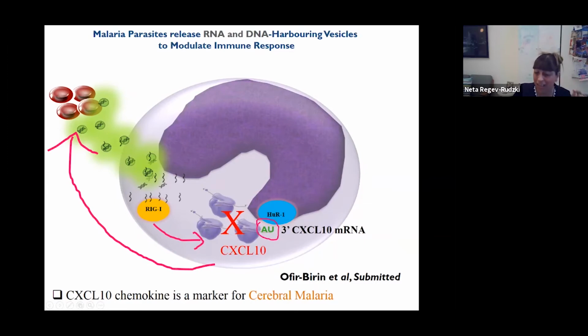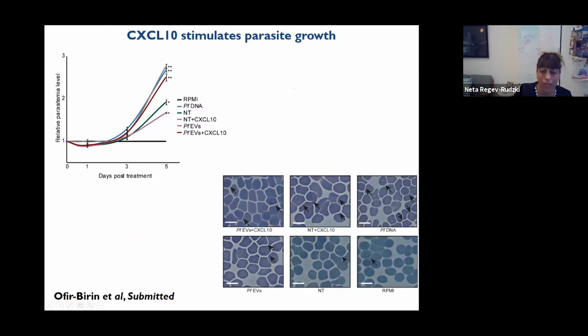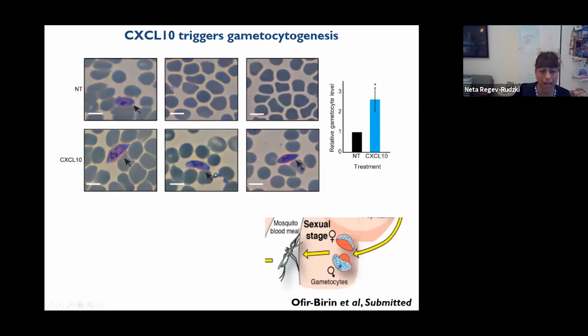And this is exactly what we found. When we introduced the chemokine IP10 alone to the parasite in many different conditions, we got higher levels of parasitemia. So somehow the parasite can sense its presence. And we could detect these beautiful male and female parasites coming up only when we introduced this chemokine.